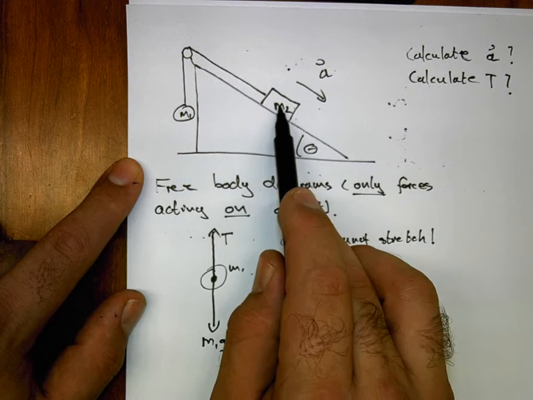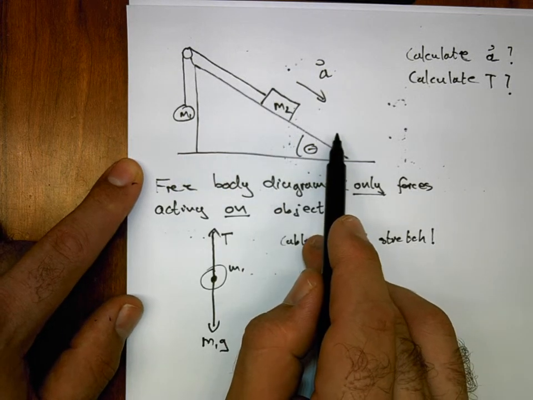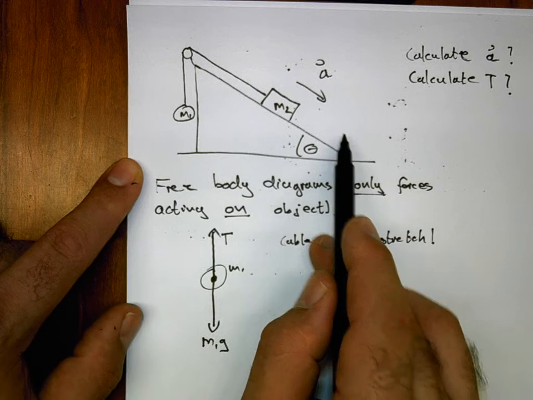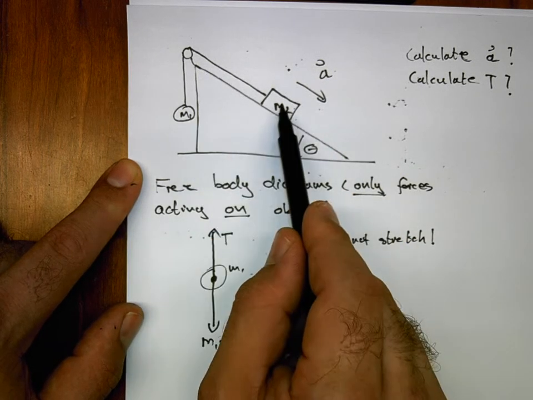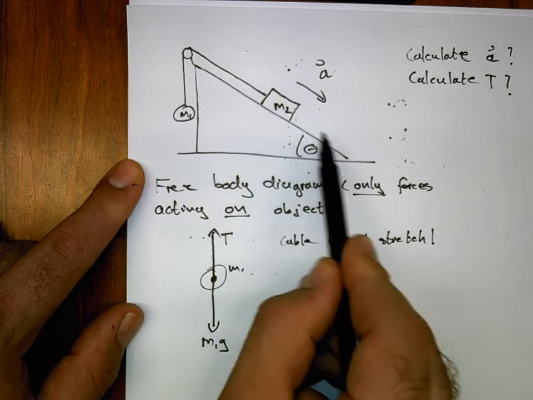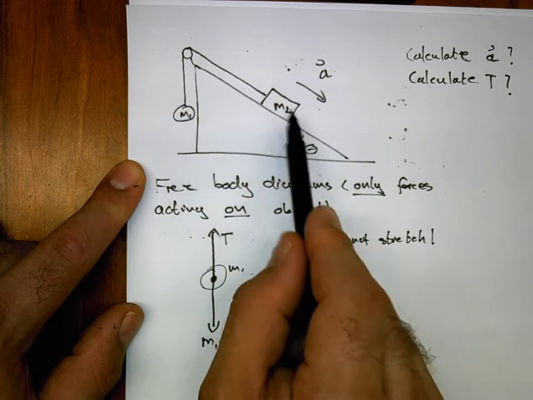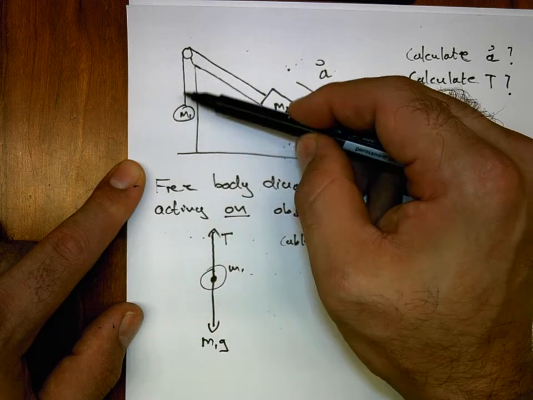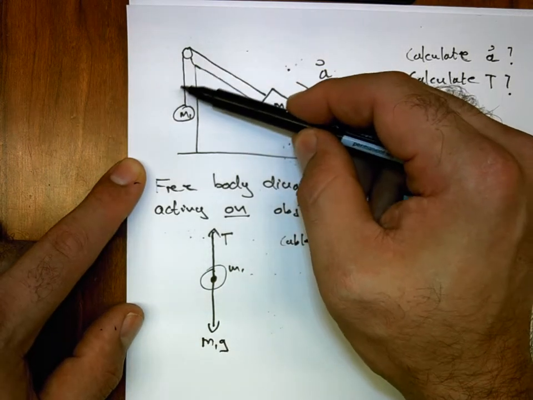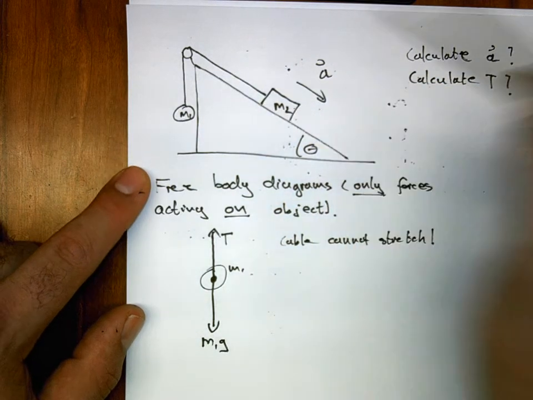Because if this object covers a certain distance in a certain amount of time, it implies a certain acceleration. If that acceleration differs, this object would be able to cover a greater distance in a certain amount of time than this one would. So if this one moves 1 meter down the incline, this object has to move 1 meter upward to keep the length of the cable constant. So they have to be accelerating at the same rate.